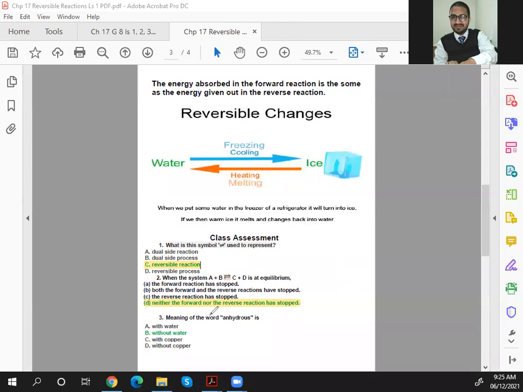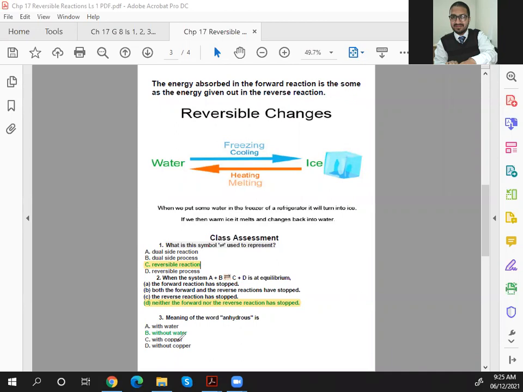Meaning of the word anhydrous. If you remember, I explained to you with examples of copper sulfate about hydration, dehydration, and anhydrous. So let's see what it means. Anhydrous: with water, without water, with copper, without copper.